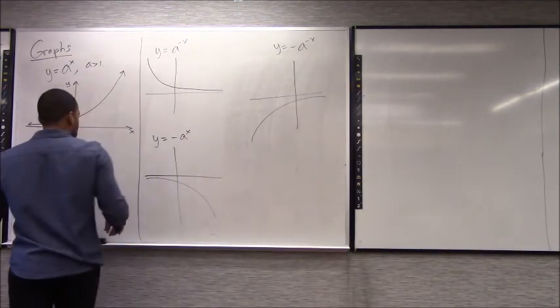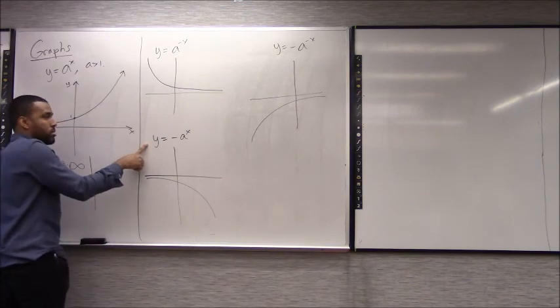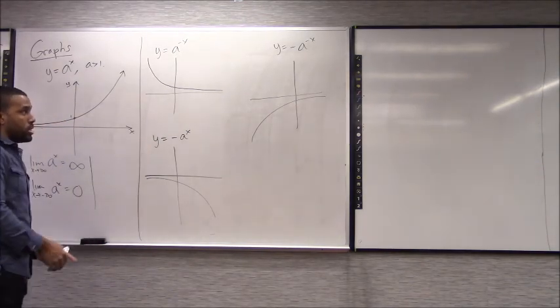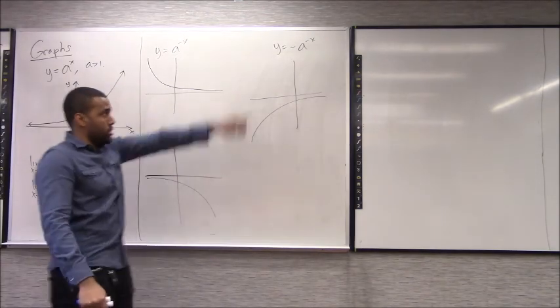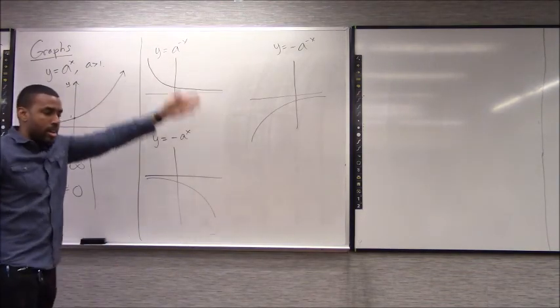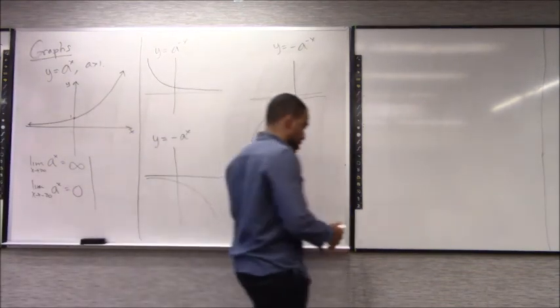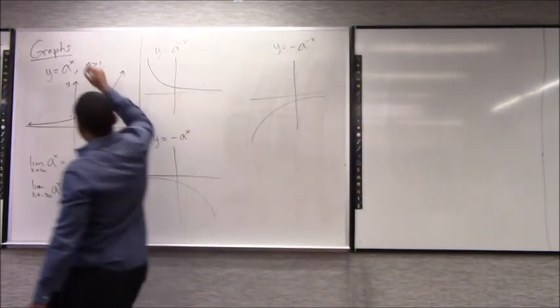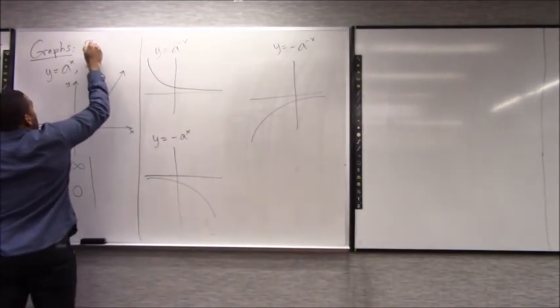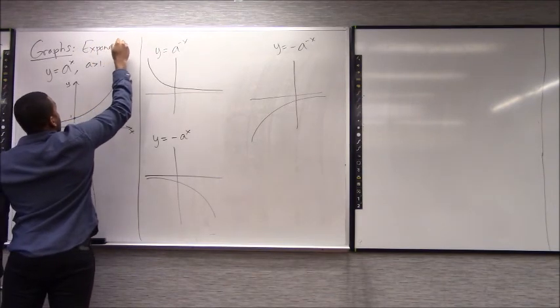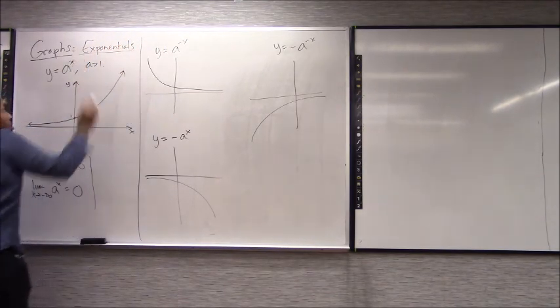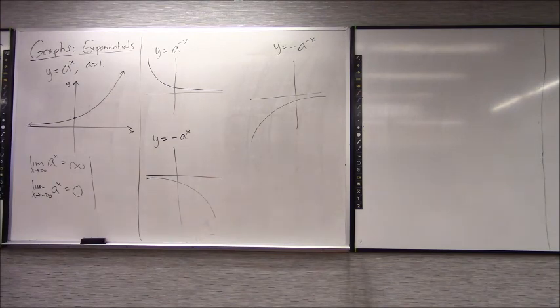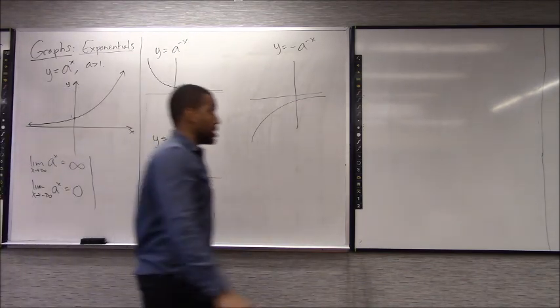For example, the limit as x approaches infinity of this guy is negative infinity. The limit as x approaches negative infinity of this guy is negative infinity. The limit as x approaches infinity of that guy is 0, etc. From the picture, I can talk about the limits very quickly. So this was the graphs of the exponentials. This also shows that since you never actually touch the x-axis, there is no power you can raise something to in order to get 0. That's why there's no x-intercept.